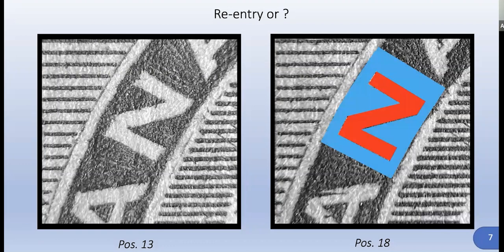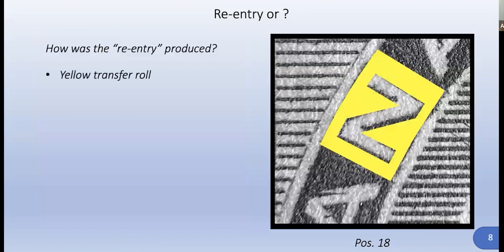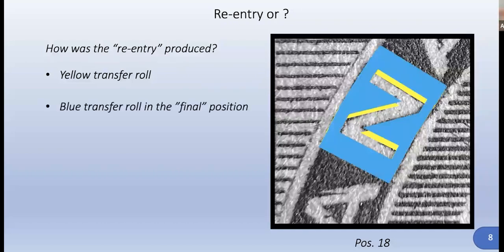Now, how is the re-entry produced? The only way the re-entry can be produced, we have to agree, is that it was produced from the transfer roll putting in a mark that was a little bit off, and not in quite the same position as the blue one. This is the blue one. This is the final position.